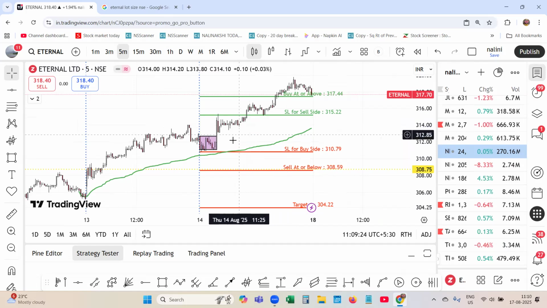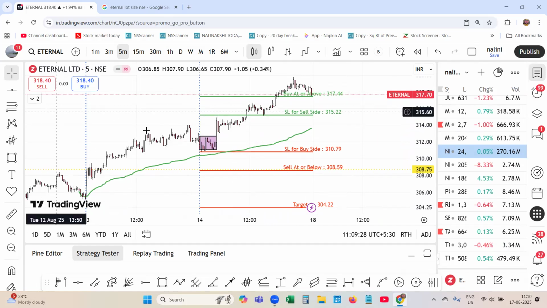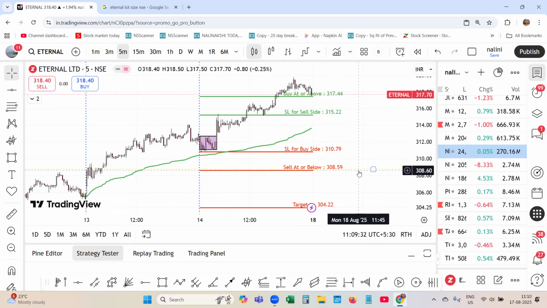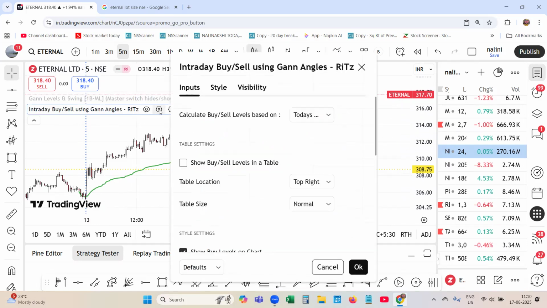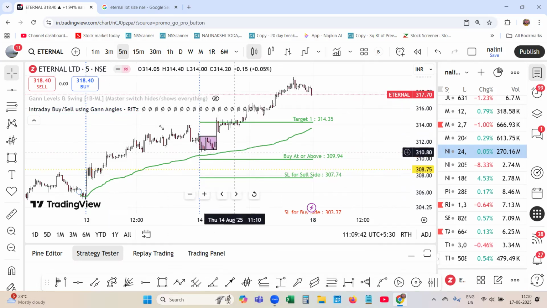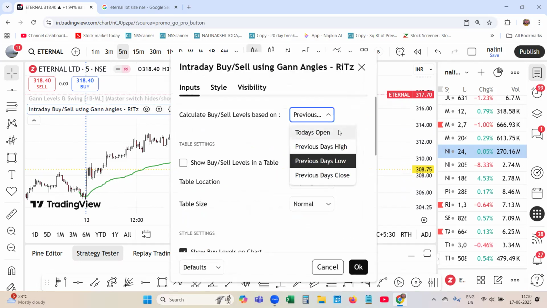So if you tweak it for open, it will give you one reading. You can change the settings and you can utilize for that. If you take it for the previous day low, then it will give calculations like this. So beautifully they have done it.